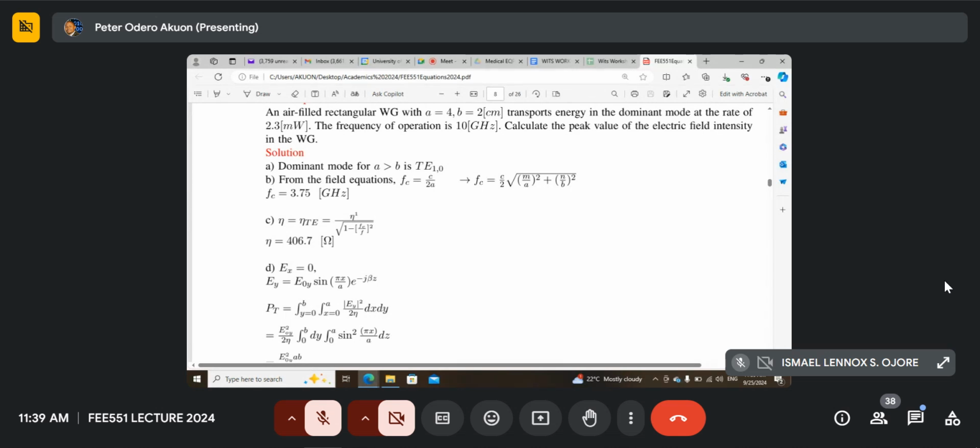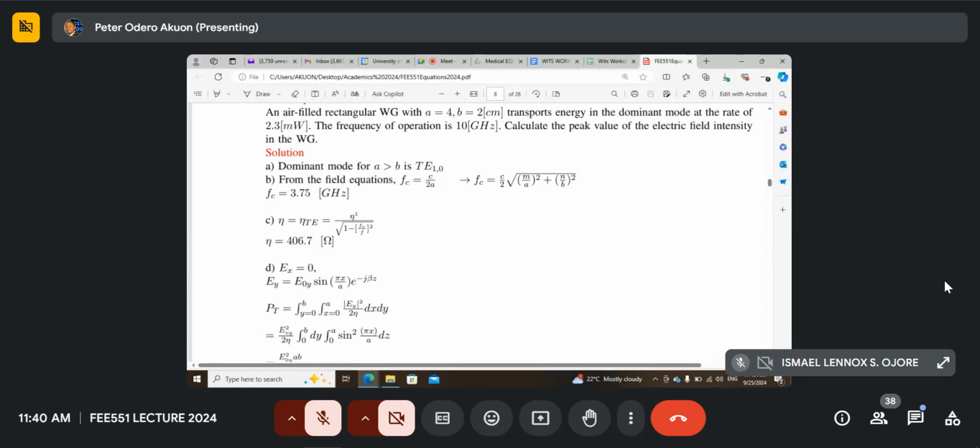And for the TE10 mode, we saw from the equations that Ex will be 0. Ey, you can just have in terms of the amplitude: E0y sine of pi x over a times e to the power minus j beta z. That's the general equation for wave propagation.